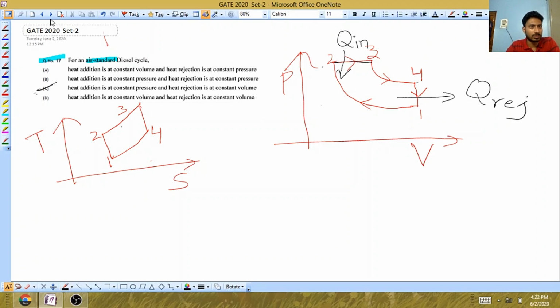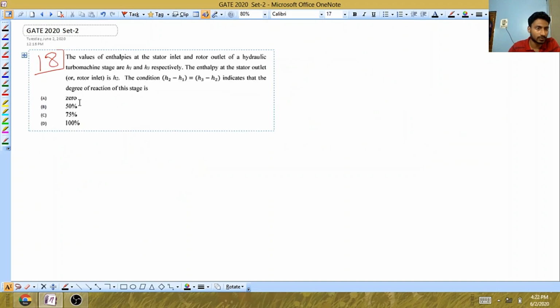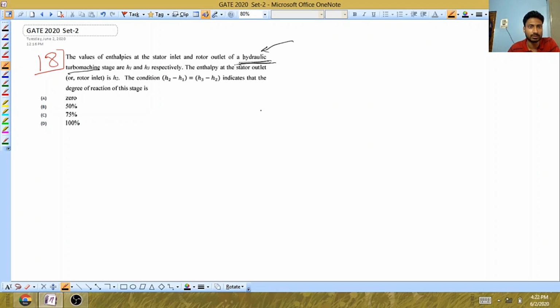Now let us see the next problem, that is question number 18. They have said that it's a question of a hydraulic turbo machine. So hydraulic means what? Hydraulic means water. So it may be a water turbine, most probably.